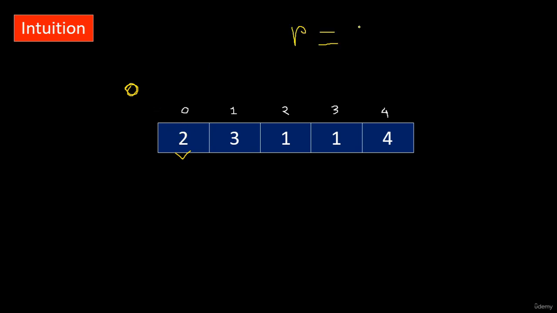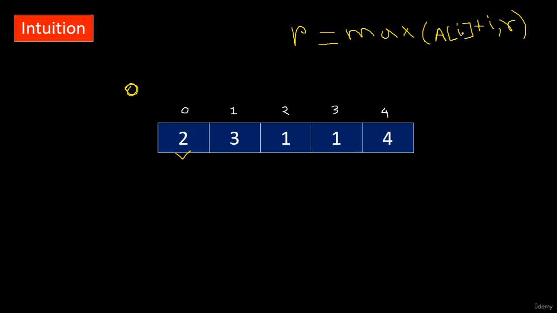Now we're going to calculate reachable. Let's assume R for reachable. We're going to calculate the reachable by using this formula. Reachable equals the maximum of A[i] plus i and reachable, where A[i] is our current element and i is the index.